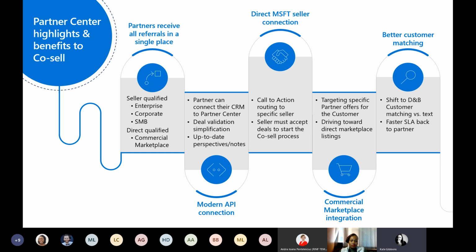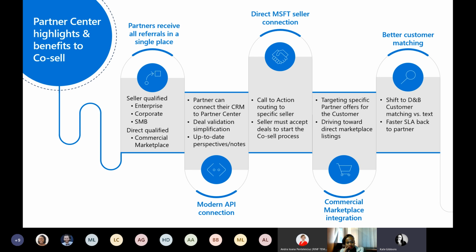Partners can receive all of your referrals, meaning from a direct storefront, from a different type of seller, or from other marketing campaigns that you may be part of with Microsoft. You can receive them into one location within Partner Center, the inbox experience. You also have the ability to integrate a modern API connection.